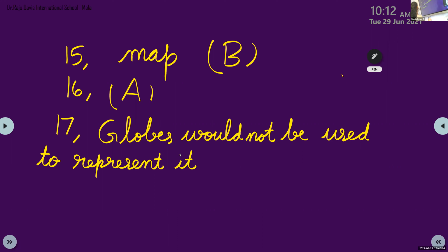Globes would not be used to represent it. Why? Next point.